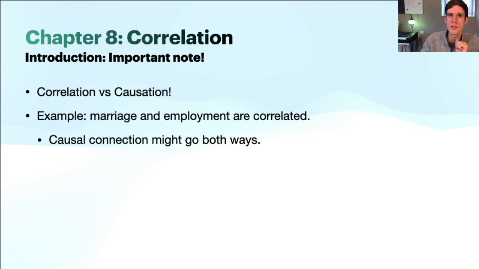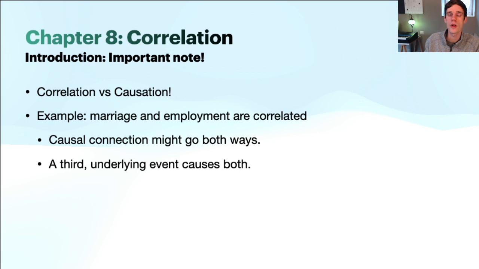Instead, there could be a third reason that causes both of them independently. This third underlying reason could, for instance, be a booming economy. We know that a booming economy makes it so that people are more hopeful towards the future. And if people are more hopeful towards the future, they are more likely to get married.